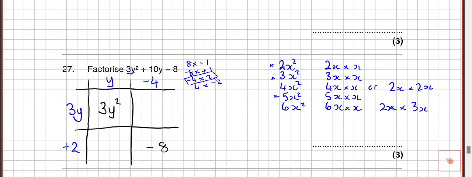Let's just check. So we've got 3y's times -4, which is -12y. Are we already thinking something's going wrong? We want +10. That's too big. And if I do 2y, that's +2y. Add those together and you get -10y.